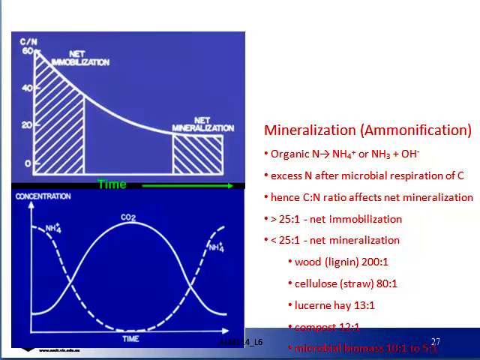It starts up high, then drops low, and then is returned to a higher state upon net mineralization. The CO2 concentration follows the inverse of the ammonium relationship. That is, when ammonium is high, CO2 is low, and when ammonium is low, CO2 production is high.